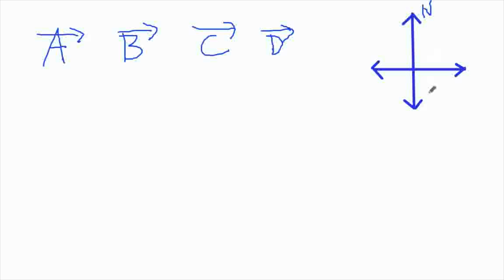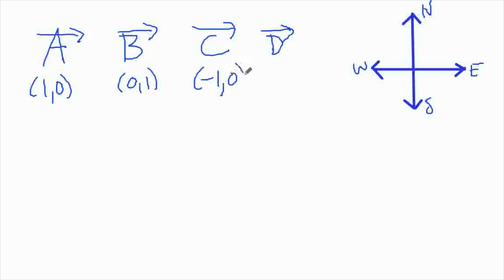Let's call this north, south, east, west, and we're going to make our components relative to that. So let's say A moved east, so we're going to represent 1 mile east by 1, 0, and then they went 1 mile north. Then they went maybe 2 miles to the west, and then maybe another north. So these are all the motions.